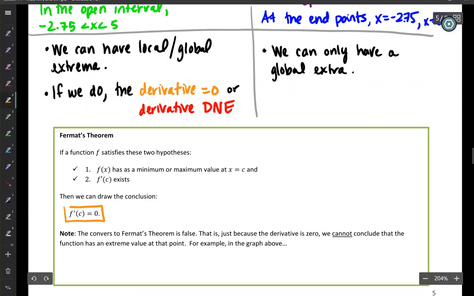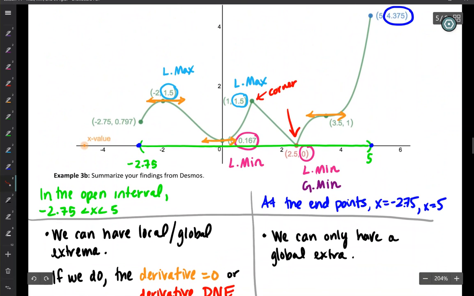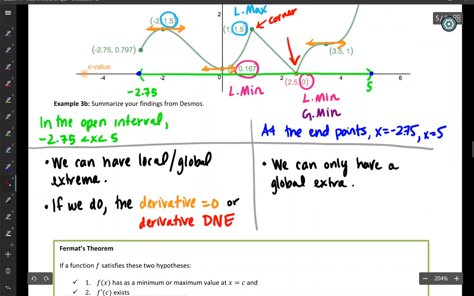The derivative must be 0. Now, note, just because the derivative is 0 doesn't mean you're guaranteed to have an extreme value. If we look right here, when x is 3.5, the derivative was 0, f prime of 3.5 is 0, but this y value of 1 is not an extreme value at all.